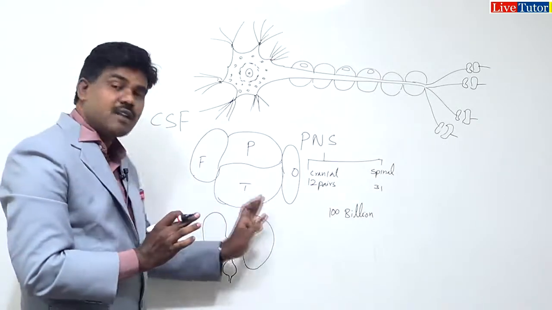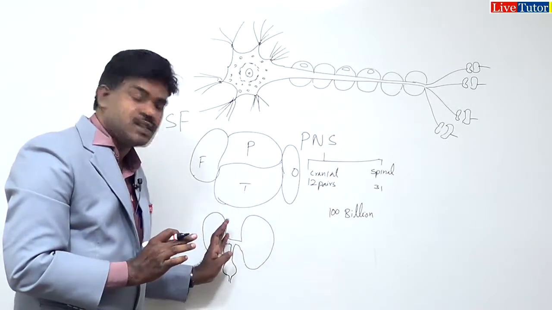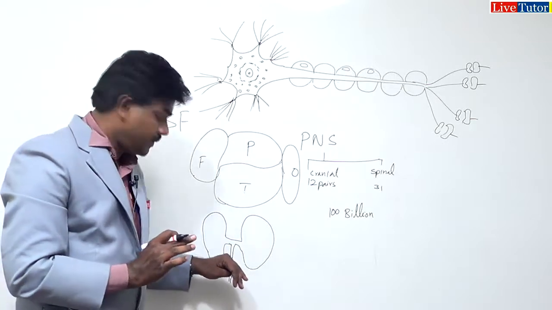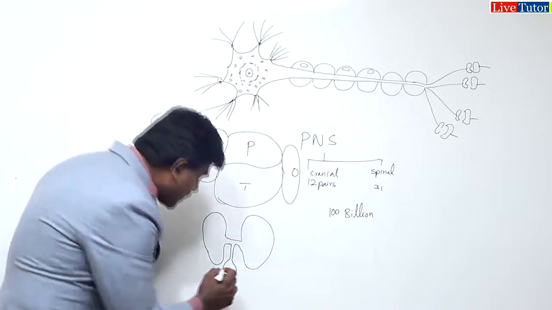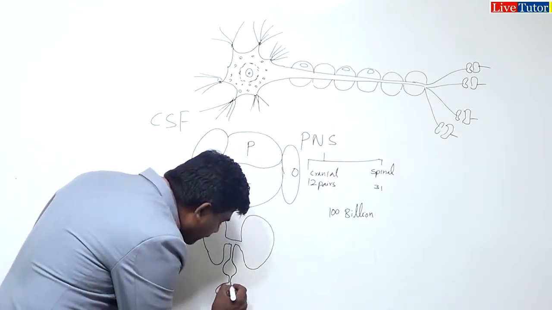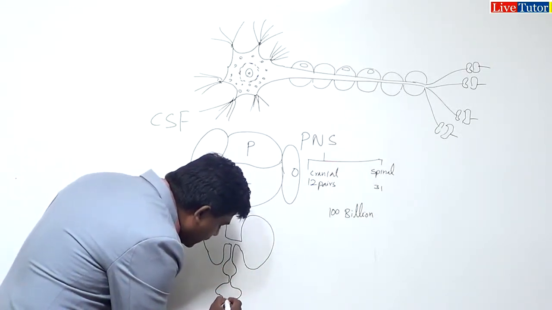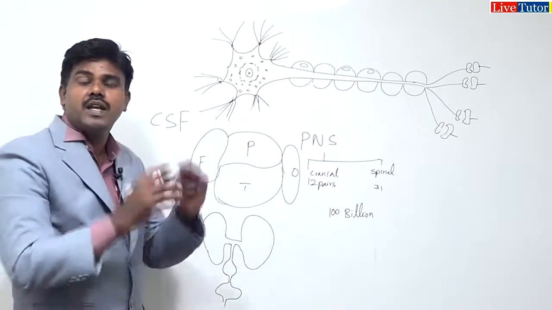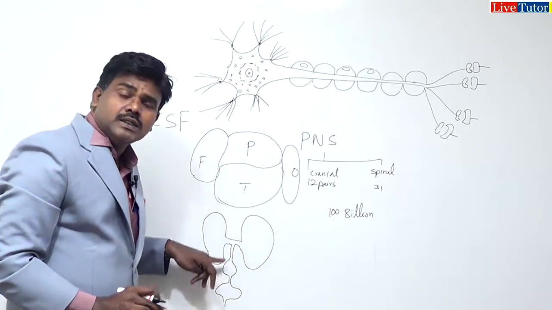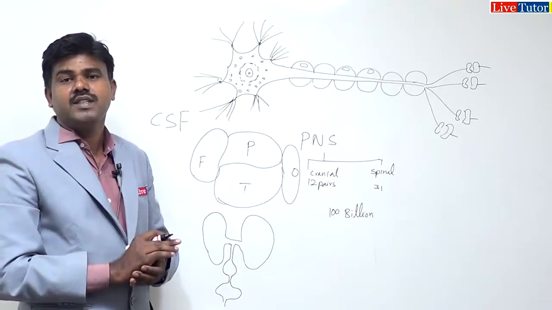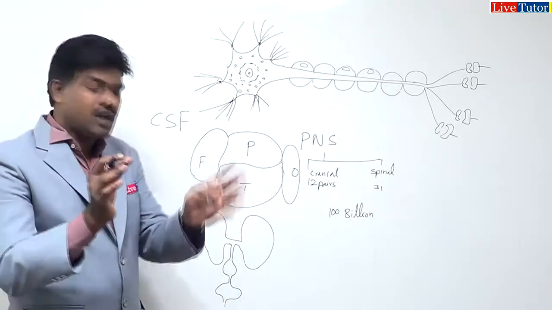Then the third ventricle is connected to the fourth ventricle by means of the cerebral aqueduct. The third and fourth ventricles are connected by the cerebral aqueduct.